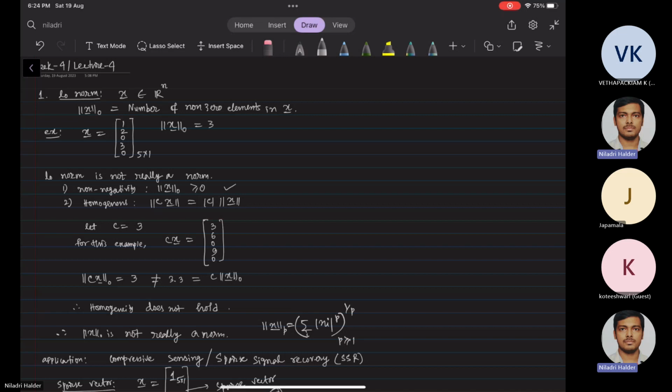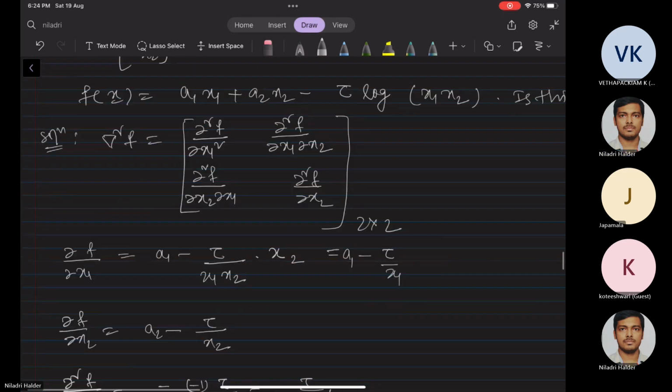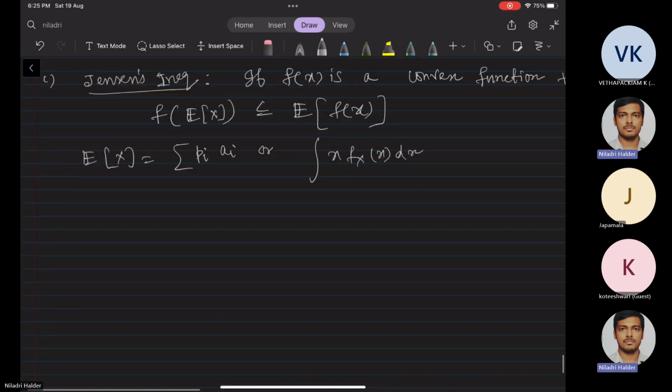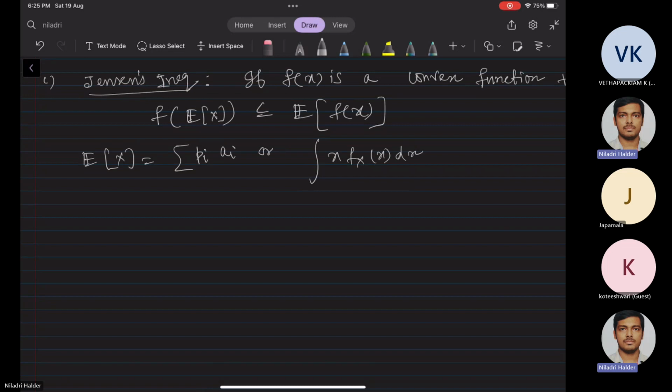In wireless communication, suppose there are many transmit powers. Then we can write the summation of p_i is equal to p total.